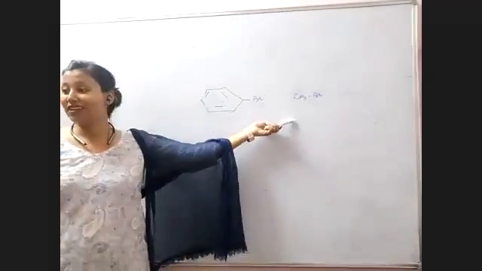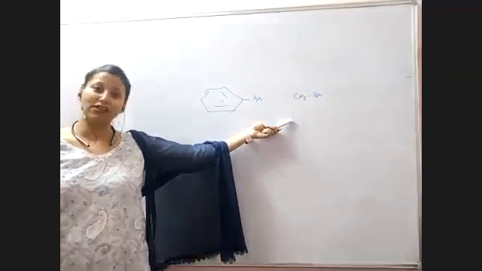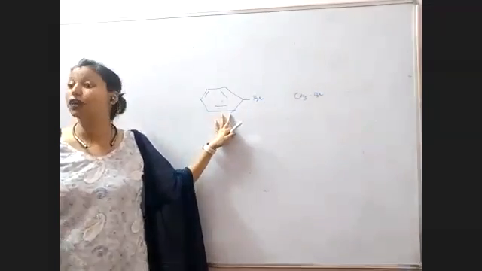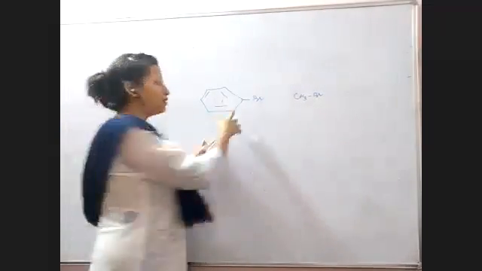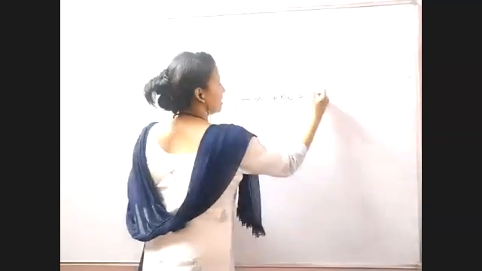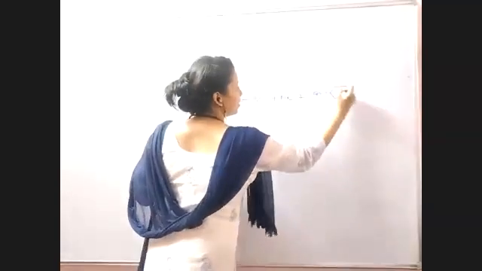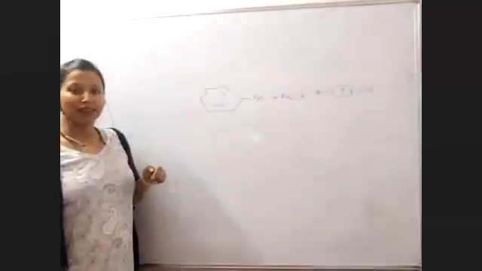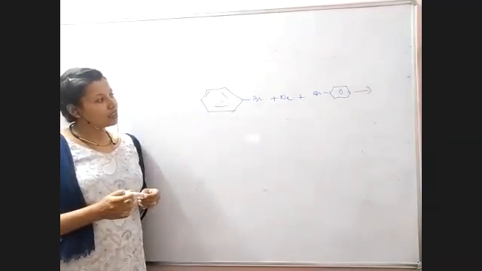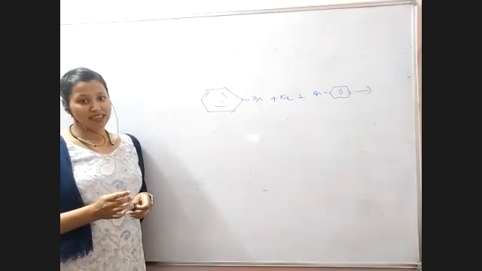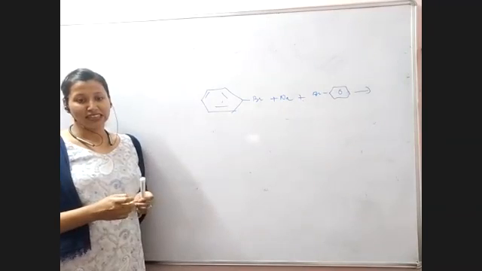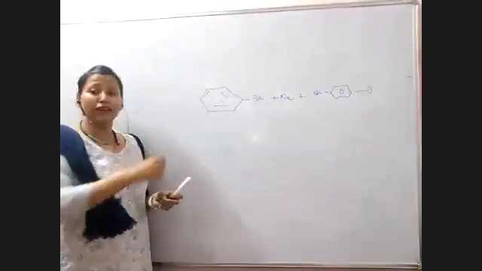We have done this in that chapter, haloalkanes and haloarenes. When we were doing Wurtz-Fittig reaction, I told you this one plus Na plus Br and this one. Will there be any product? Will the benzene ring attach? Dry ether. There must be some reason for them being very less reactive.